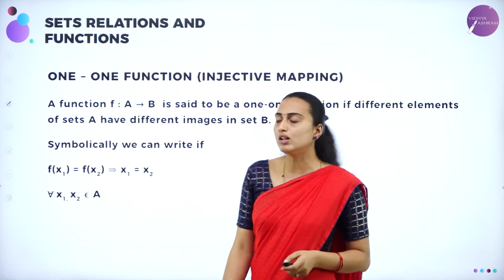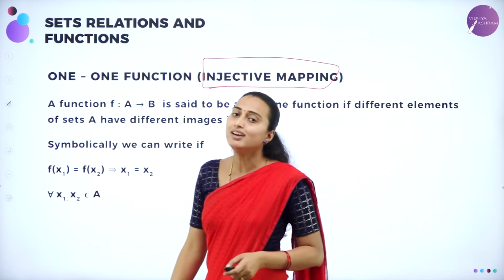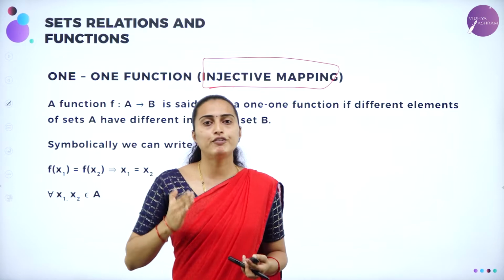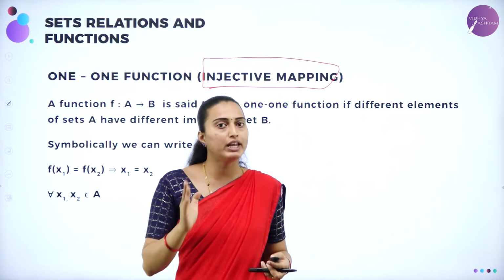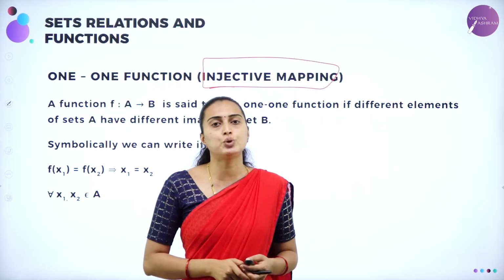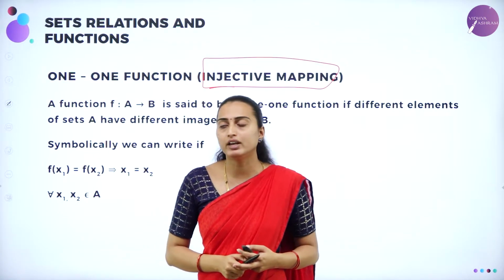The 1-1 function is also going to be known as the injective mapping. What do you mean by a 1-1 function? A 1-1 function means every element of set A must have only one image in set B. How do we define it?